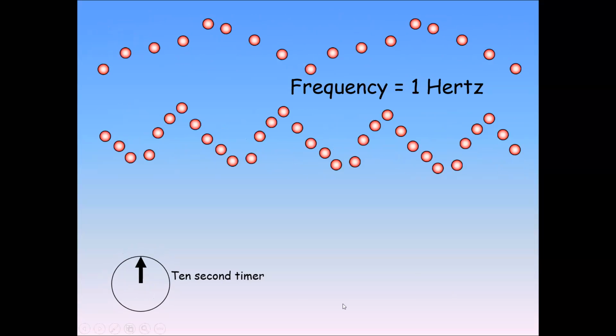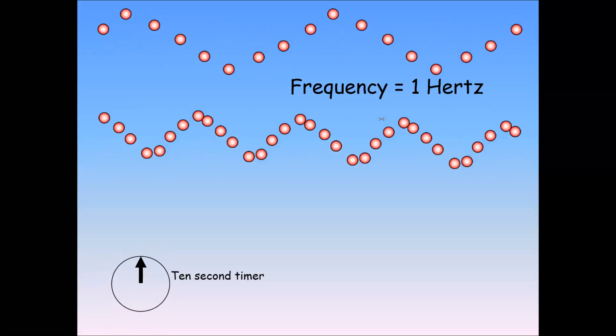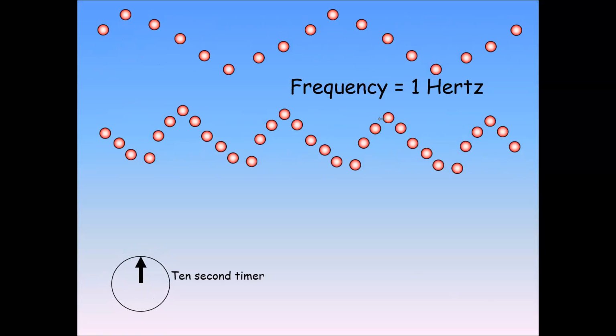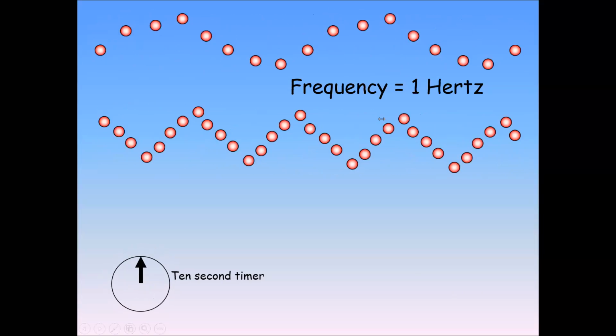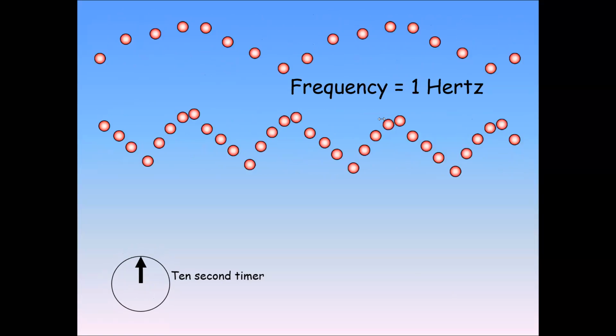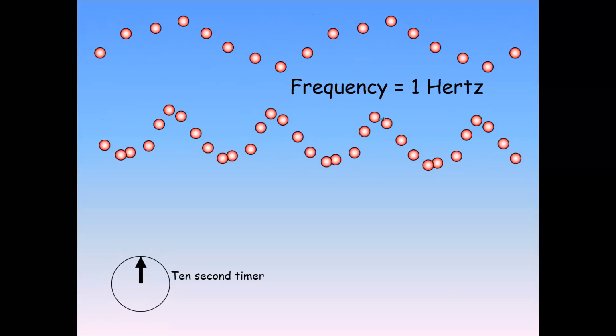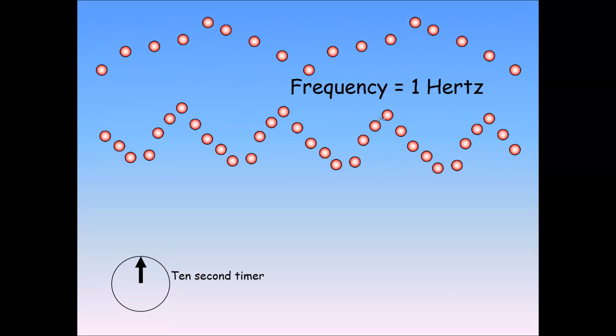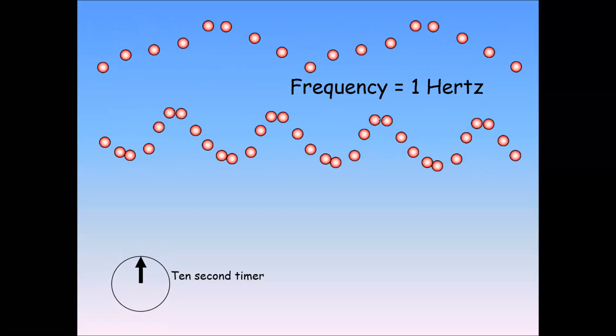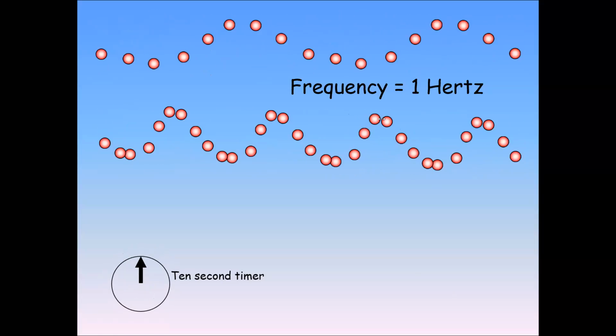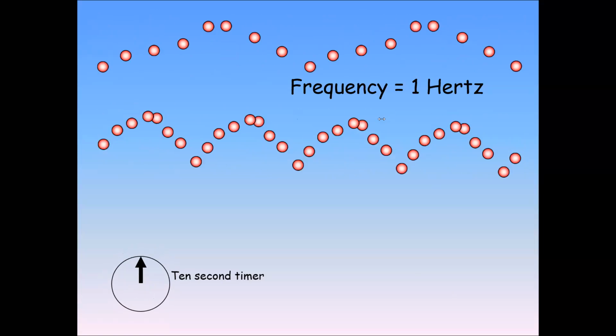Yeah, what did it appear? How many vibrations did it show? And what do you think by looking at this wave? Is it high frequency or low frequency? The second wave, does it appear to be high frequency or low frequency?